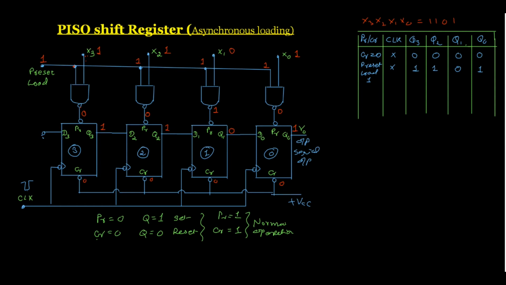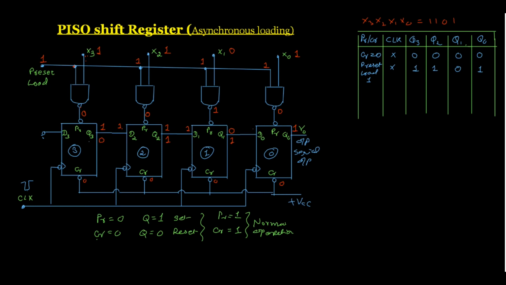So this output of flip-flop number 3 will be a 0. Now the input to the second flip-flop is 1. When this negative edge comes, this 1 is transferred to the Q2. Input to the D1 flip-flop is 1. When the negative edge comes, then Q1 will be a 1.